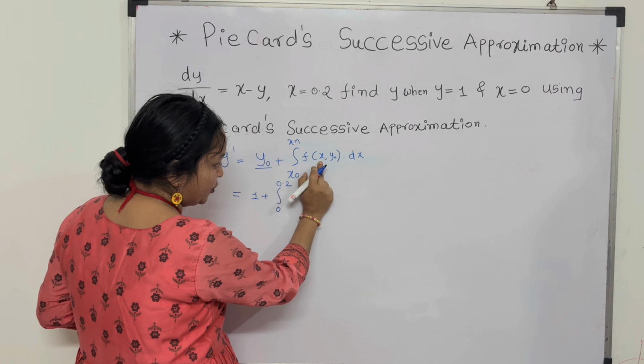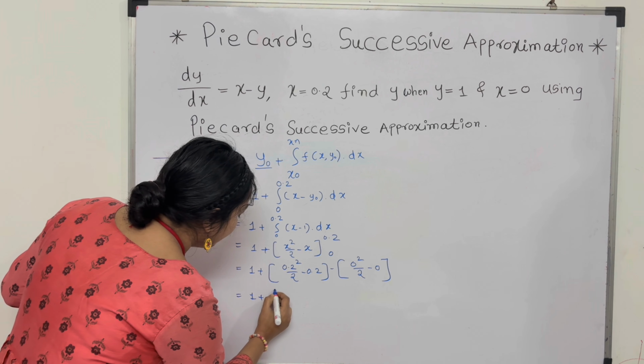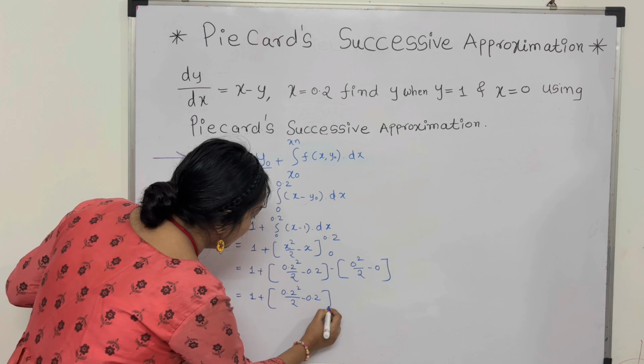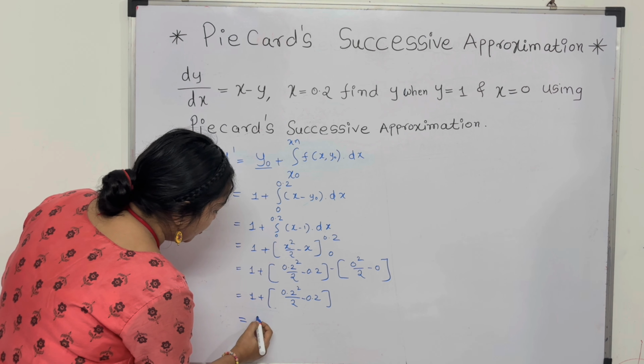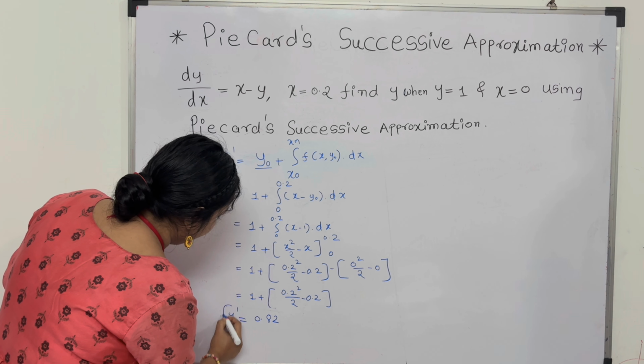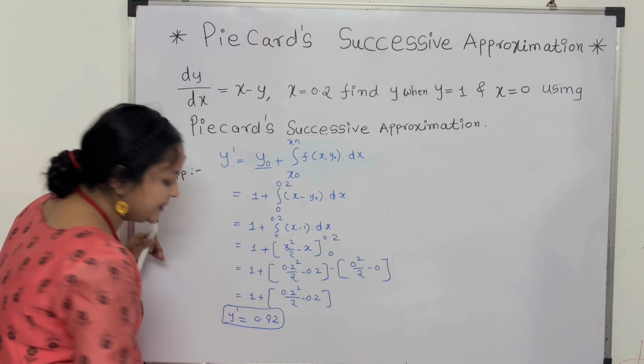That means you put the value of x, that is 0.2 square by 2 minus 0.2, minus, again put in the lower limit, that is 0 square by 2 minus 0, but this whole term becomes 0. So if you solve this term, 0.2 square by 2 minus 0.2, through the calculator, you are getting the value 0.82, right? So you are getting the value 0.82.